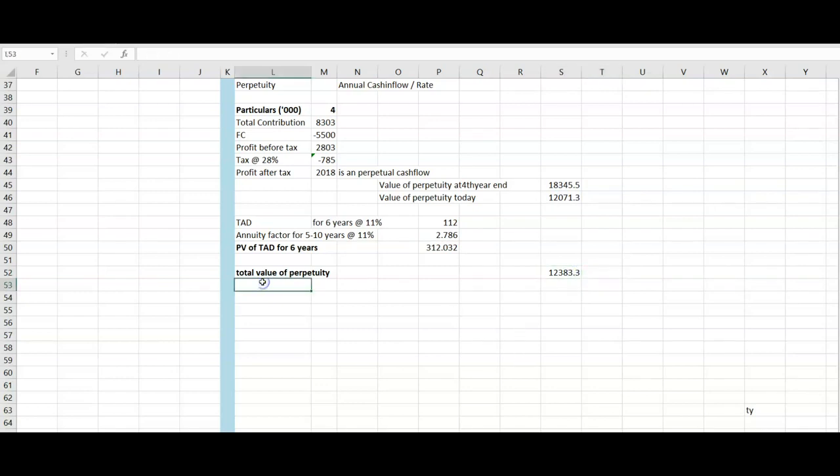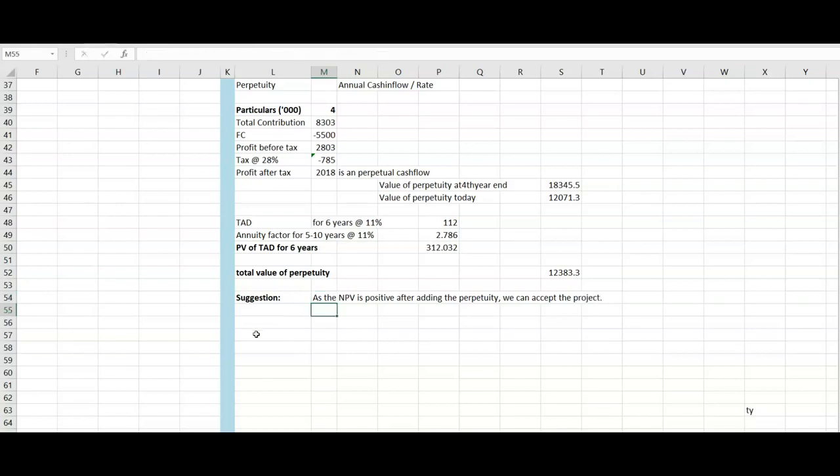Now he asks you whether we will go ahead with the investment. The answer is yes. Suggestion would be: as the NPV is positive after adding the perpetuity, we can accept the project.